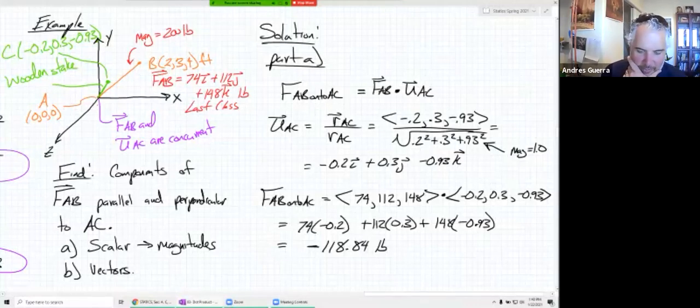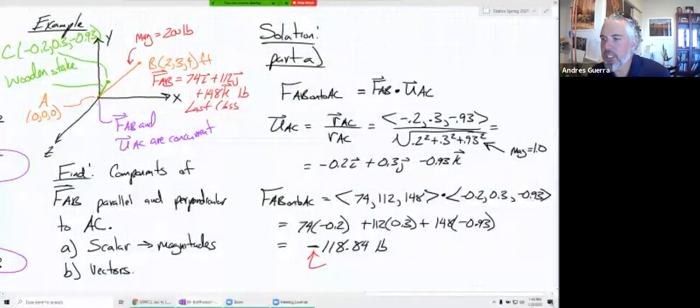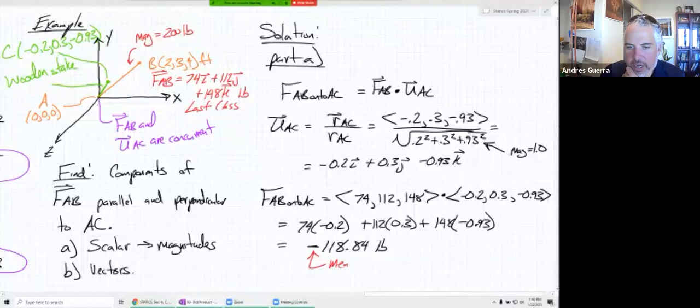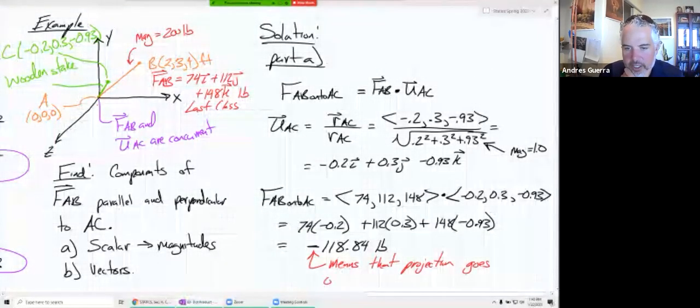What does that negative mean? We should get a scalar, but we have a sign on this. Actually, the dot product gives us a little bit of information about the direction that things are going. That means right there that the projection goes opposite the unit vector.